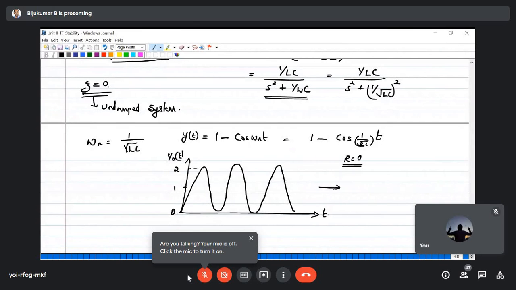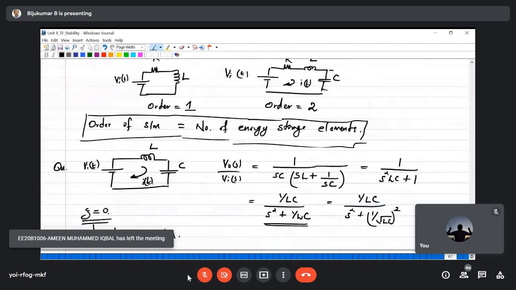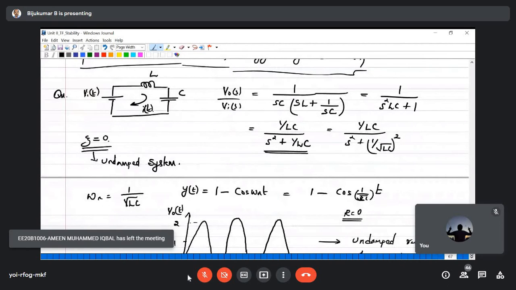Clear? This is the response of the LC circuit. See, suppose I want to find the current response in this. Current in the sense I of t.